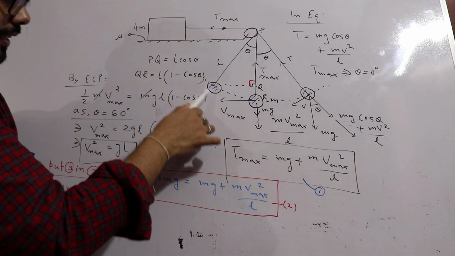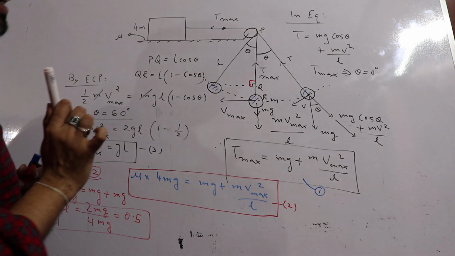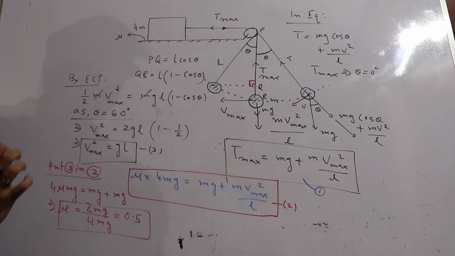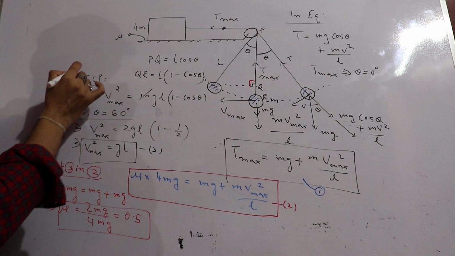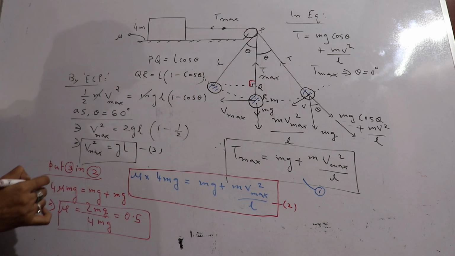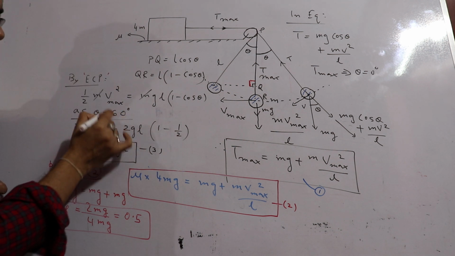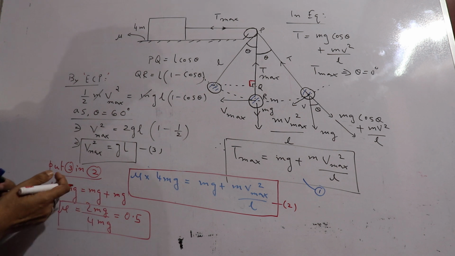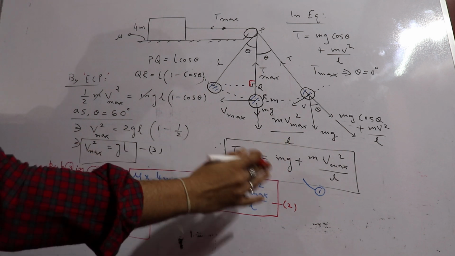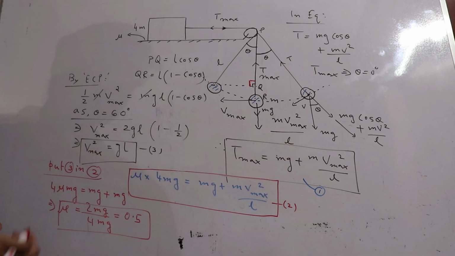So the change in gravitational potential energy equals the change in kinetic energy, and that is evident from the energy conservation principle. You are already given theta 60 degrees, you put the values, and we used these three equations, and very easily we got the value of the coefficient of friction, 0.5.